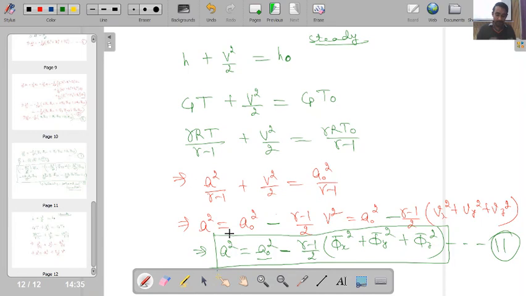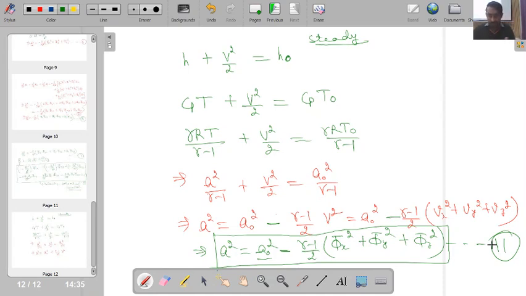Till now I have not taken any approximation except the consideration of irrotational flow. So for an irrotational flow, I can solve the velocity potential equation number 10 and equation number 11 jointly and determine the values of phi for the entire flow field.